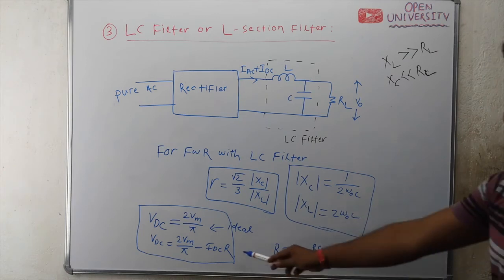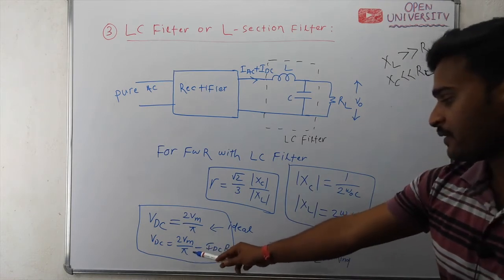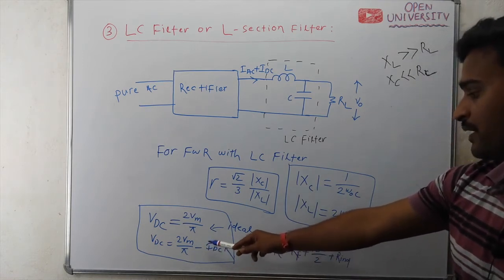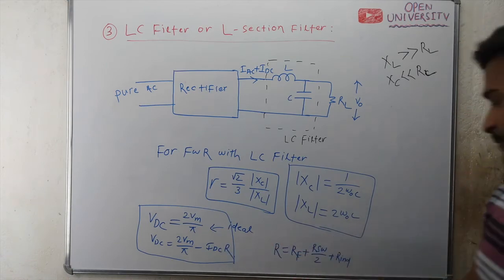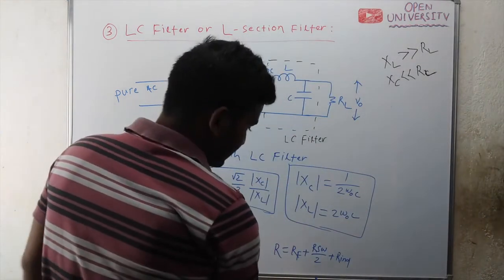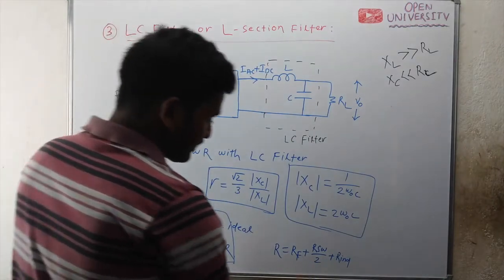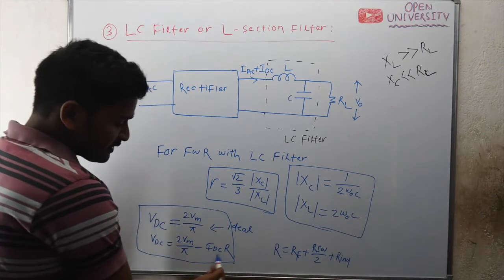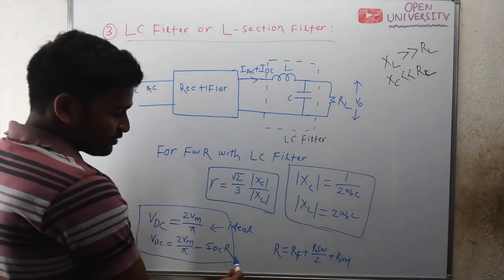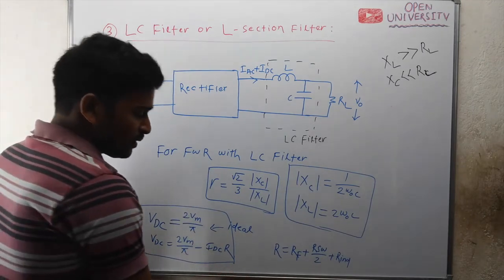Okay, this is for the full wave rectifier, particularly the center tap full wave rectifier. For the bridge rectifier, this RSW term will not be there, because IDC into R is nothing but the internal DC drop.